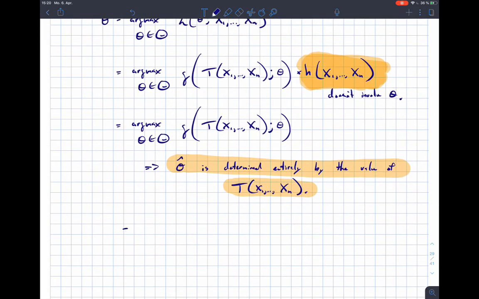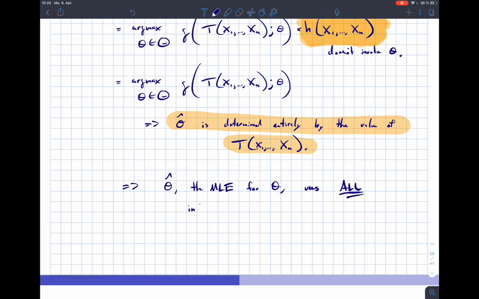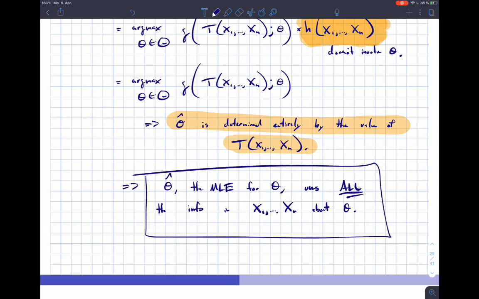This means theta hat, the MLE for theta, uses all the info in the data set x1 through xn about the parameter theta, which sounds like a good thing. So we'd like to use the data as effectively as possible.